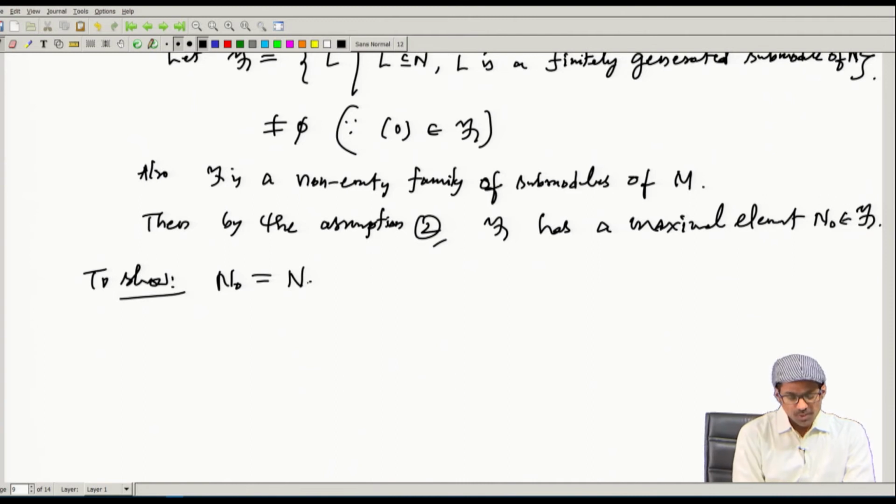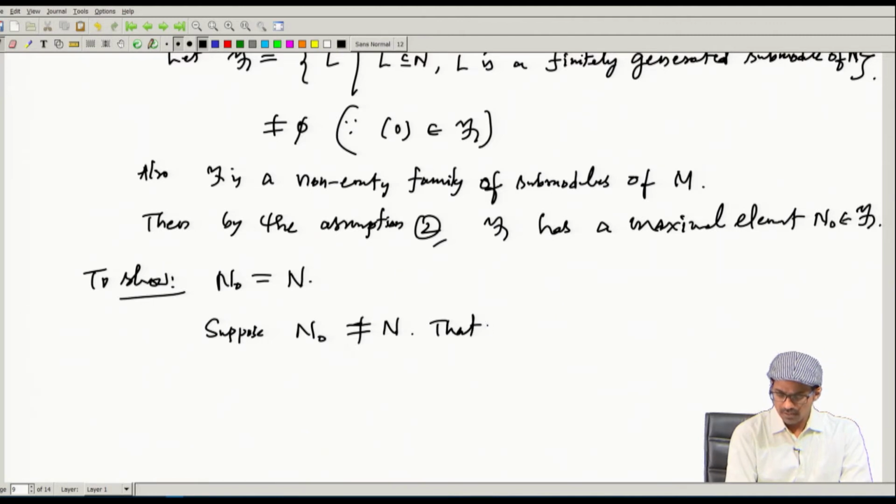Suppose not, suppose N naught is not equal to N, that is, N naught is strictly contained in N.